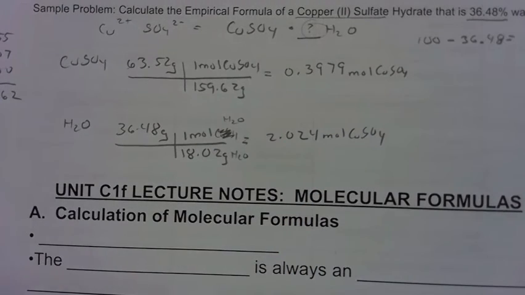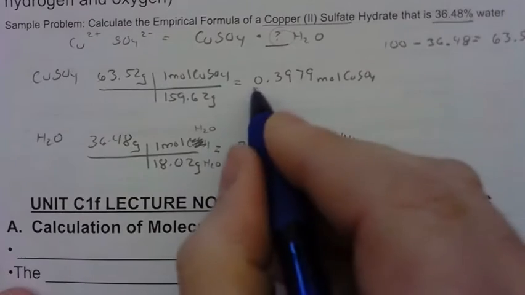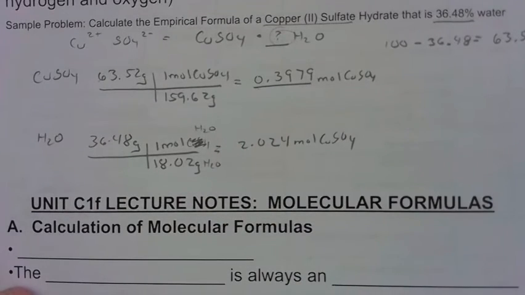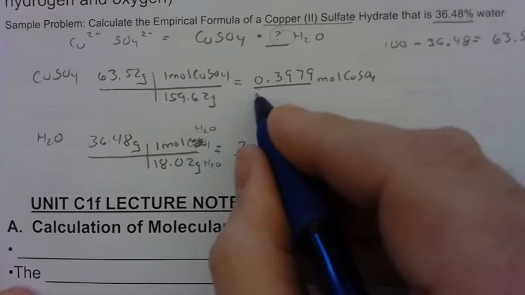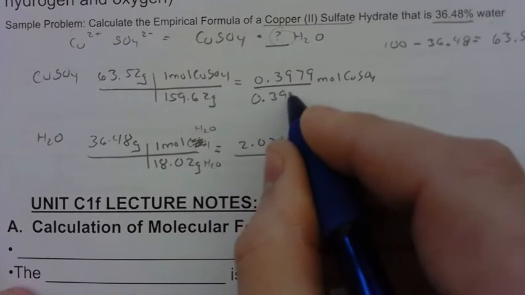Now I do the same thing that I did before, and I divide by the number of moles that is the lowest. So I'm going to divide each one by 0.3979.